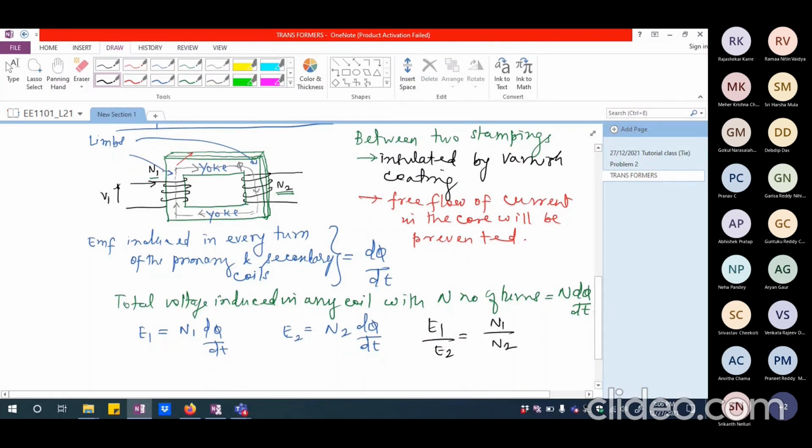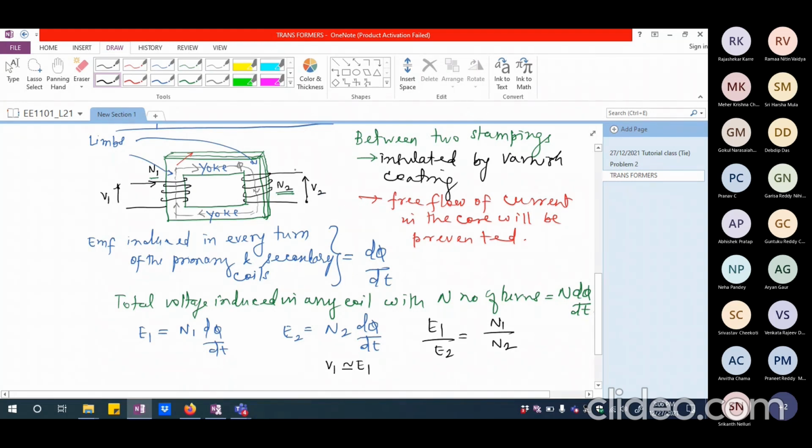After all, if this particular coil is going to have hardly any resistance, it is a thick copper coil, it's not going to have much of a drop. So I can say V1 and E1 should be approximately equal to each other. In the secondary side, I have not connected any load, and I'm going to measure V2 as the secondary terminal voltage.